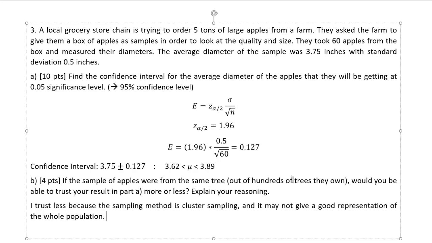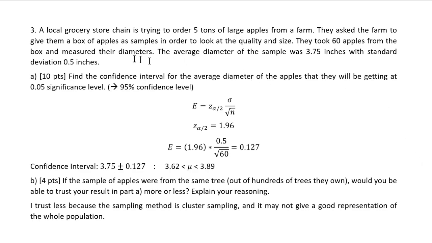Because if the people working at the grocery store visited the farm and really brought back 60 apples from various different trees or different boxes, then it's more randomized, and you would expect it to be a better representation of the entire population. Okay, so I would trust it less.